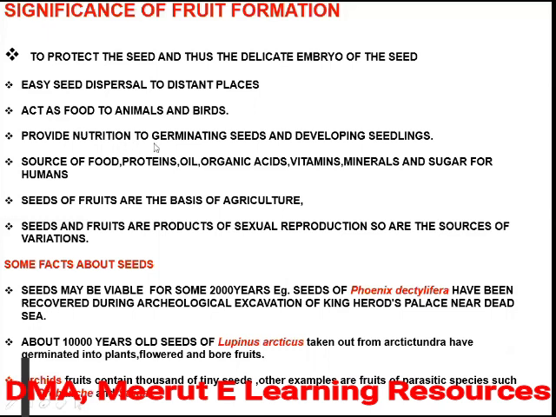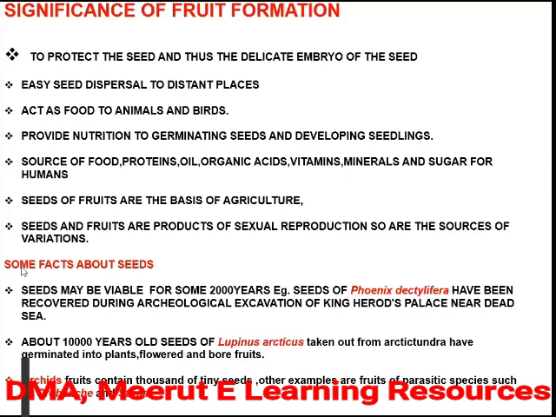To germinating seeds and developing seedling, fruit provides nourishment, nutrients. Seeds and fruits are also source of food. It is source of proteins, oil, organic acids, vitamins, minerals, and sugar for humans. Seeds of fruit are the basis of agriculture. Seeds and fruits are products of sexual reproduction, so variations can be seen, right?